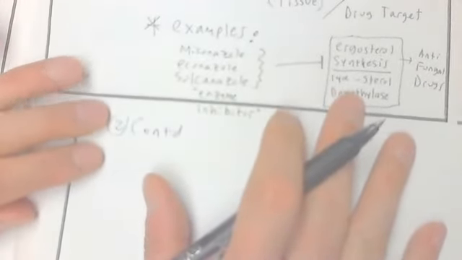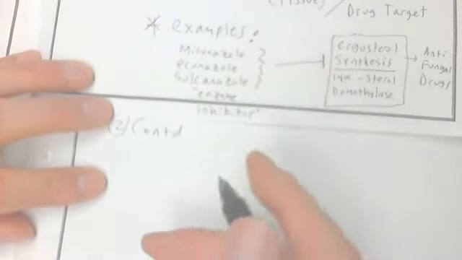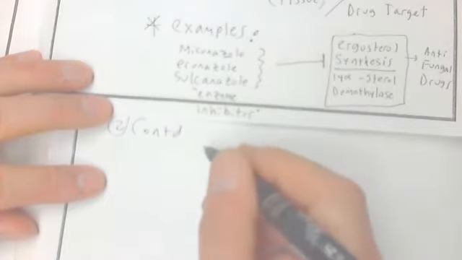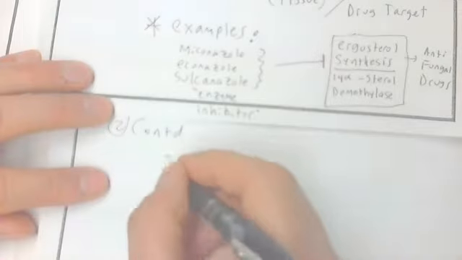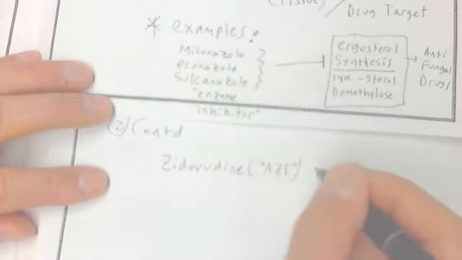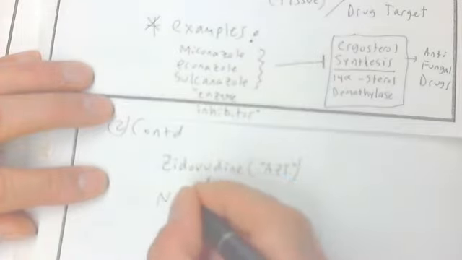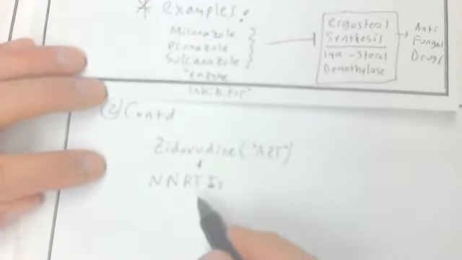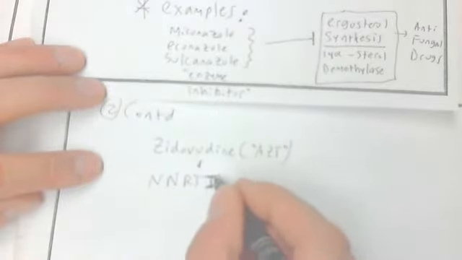All right, cool. So what are the ones we have? We're still on number 2, continued. A couple others, just from the examples that we saw earlier in the course: zidovudine, which is called AZT, and the NNRTIs, non-nucleotide reverse transcriptase inhibitors that we talked about in the homework.